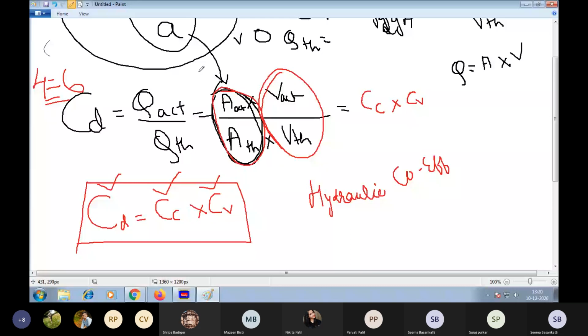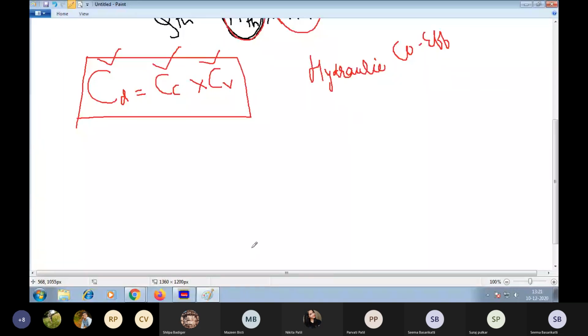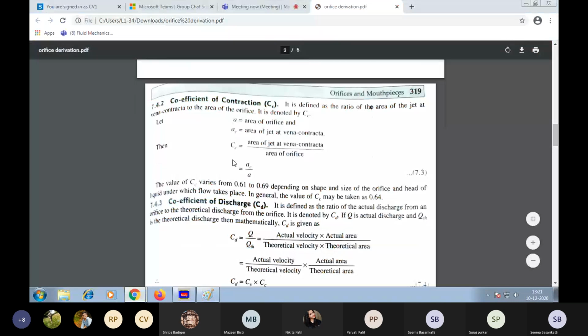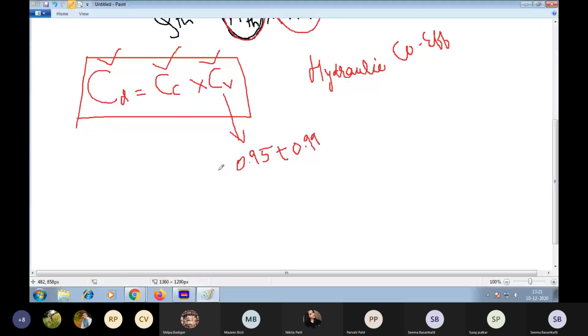So what is the range of CV? It should lie between 0.95 to 0.99. Coefficient of contraction should lie between 0.61 to 0.69.